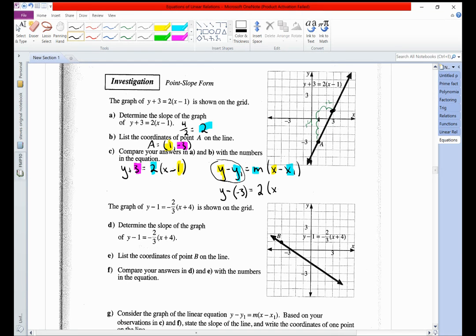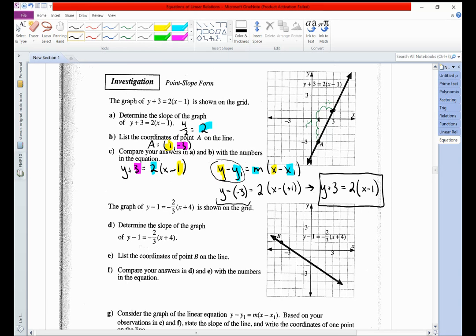And this one is going to be x minus the x coordinate, which is positive 1. We can simplify this, because y minus negative 3 is the same as y plus 3. Then we have 2, and x minus positive 1 is just x minus 1. That's how we built that equation right there.